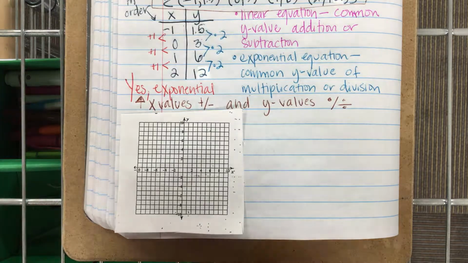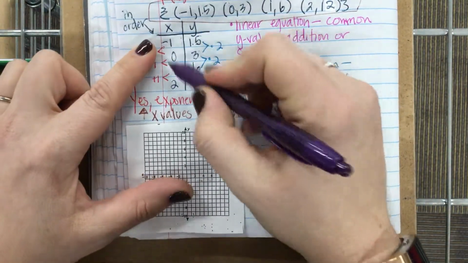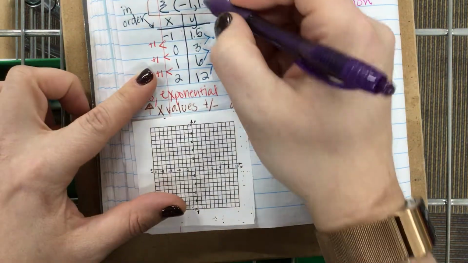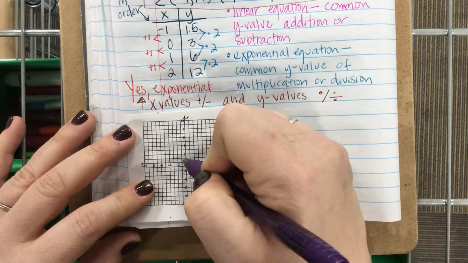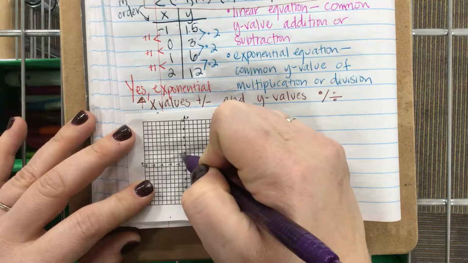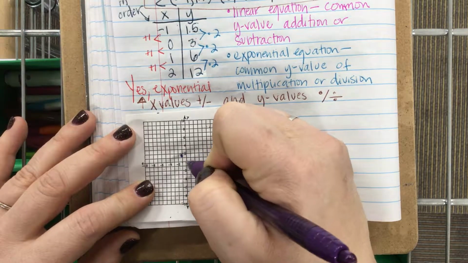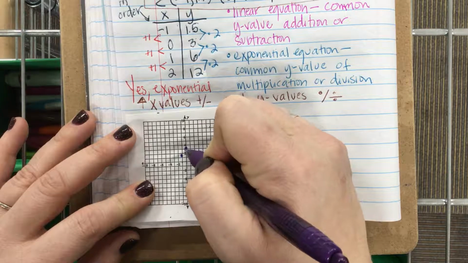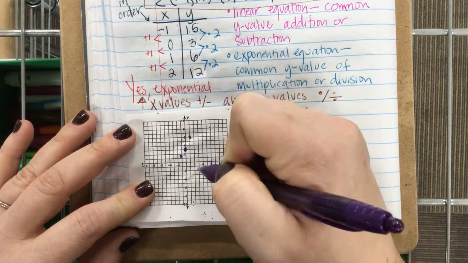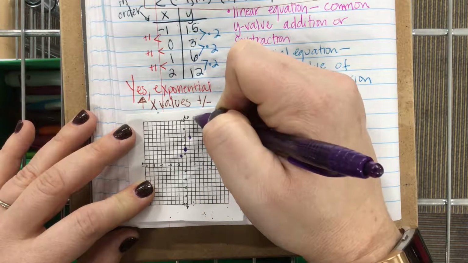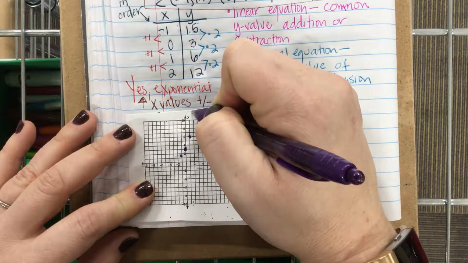So let's just graph this function on here to show what an exponential function looks like. So at negative 1, 1.5, 0, 3, 1, 6, and 2, 12.